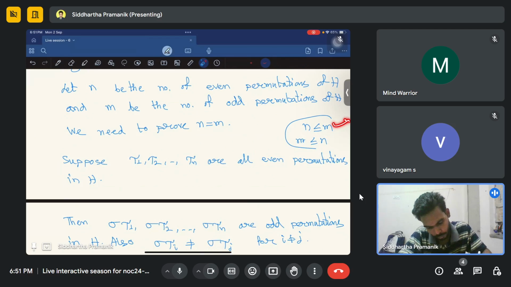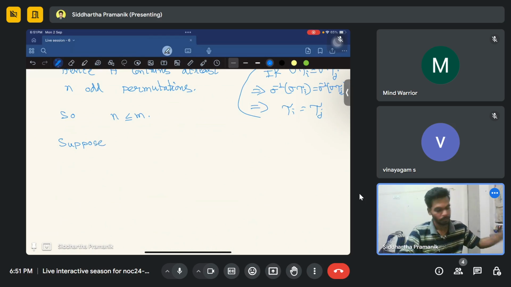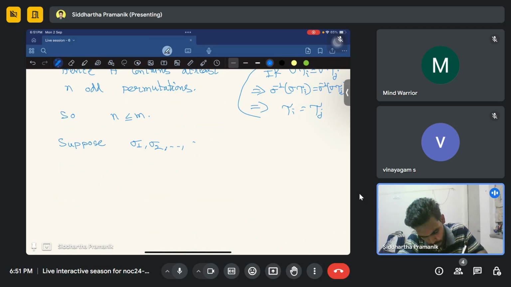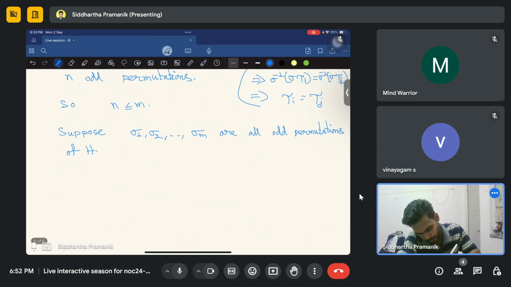Now let's do the other side. Now we can also assume, let's say, sigma 1, sigma 2 up to sigma m are all odd permutations of H. So these are all the odd permutations in H. If we multiply these with sigma, means sigma times sigma 1, sigma times sigma 2, up to sigma times sigma m, these are even permutations, right?